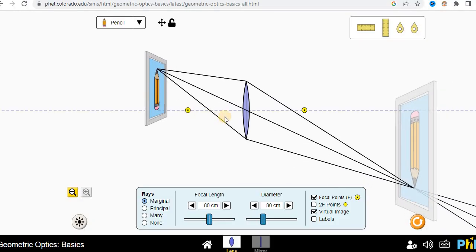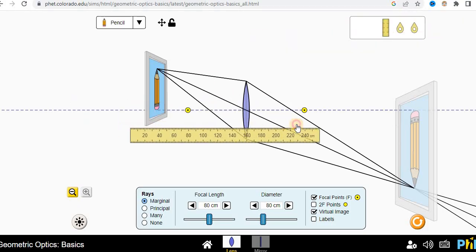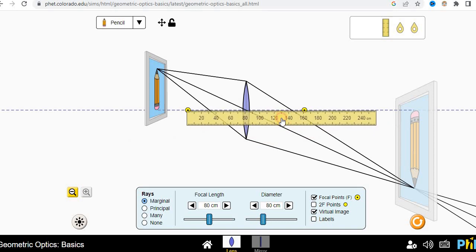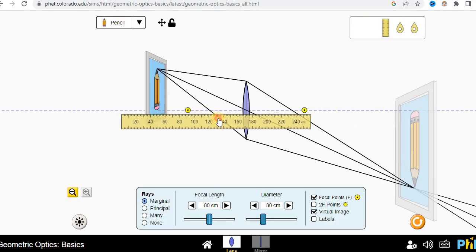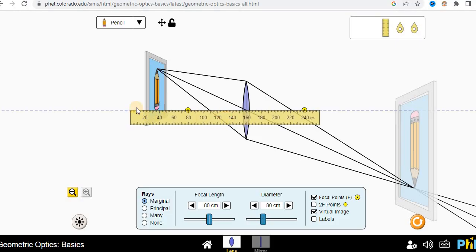If the distance is more than one focal length and less than two focal lengths, so for example, here the focal length is about 80 centimeters. So from here to here, if you have another 80 centimeters, then you have 2 times the focal length. So from here to here one focal length, from here to here another focal length.